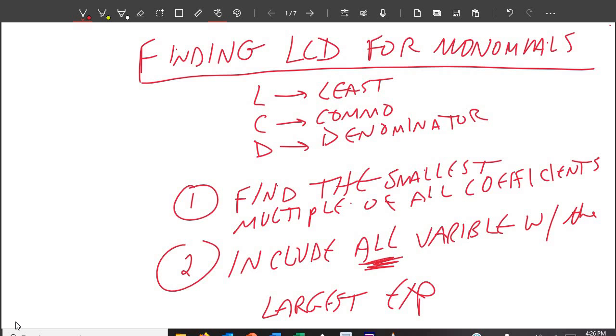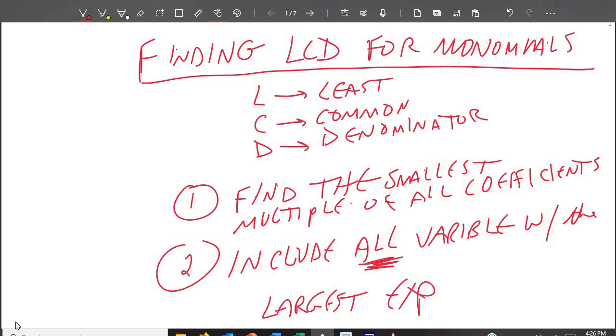To find the least common denominator, you're going to find the smallest multiple of all the coefficients. Now, we're not looking for GCF. We're looking for a number that they can all divide into. It will be at least as big as the bigger coefficient.